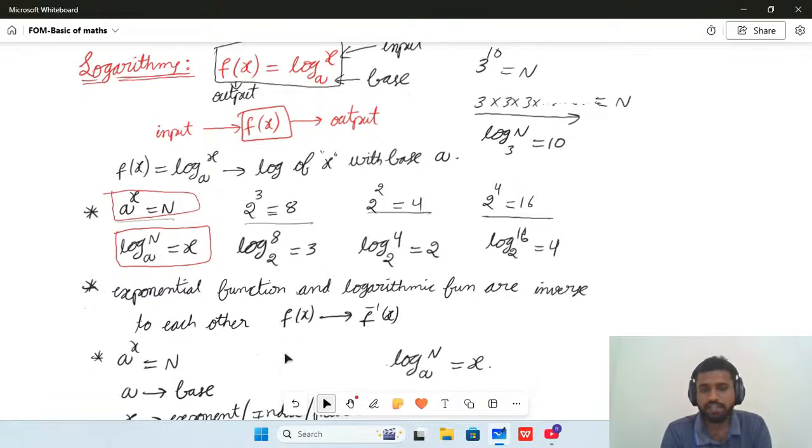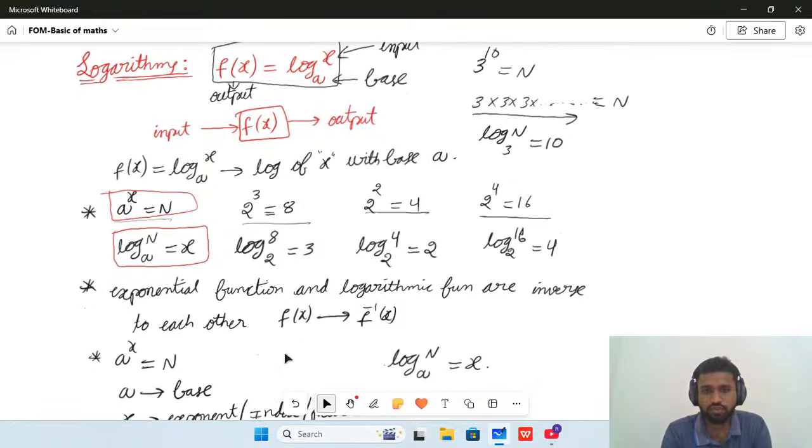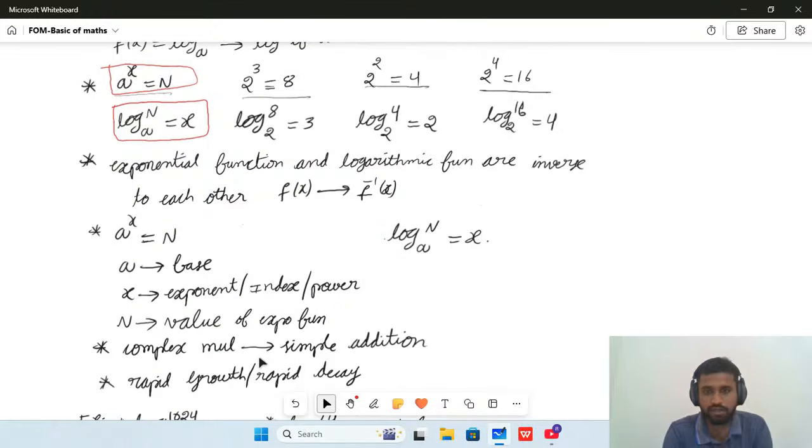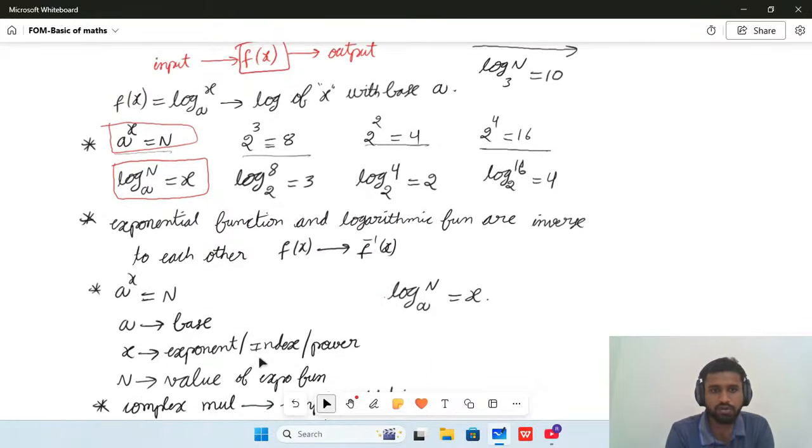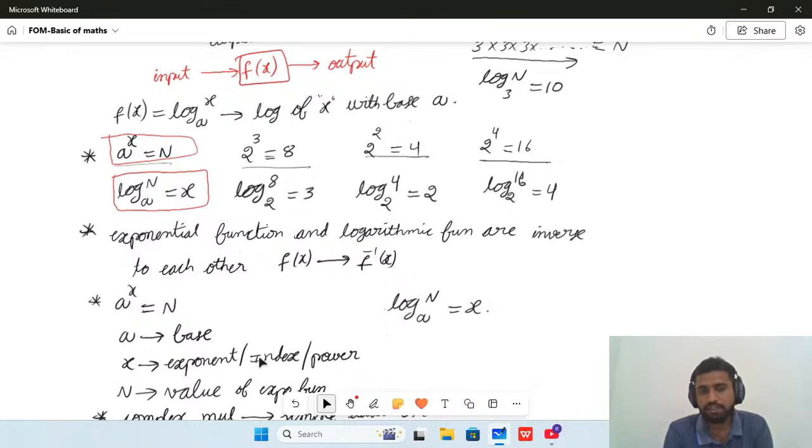Exponential function and logarithmic function are inverse to each other. We can write an exponential function as a logarithmic function, and a logarithmic as an exponential function. How to convert exponential to logarithm we have seen in last classes.